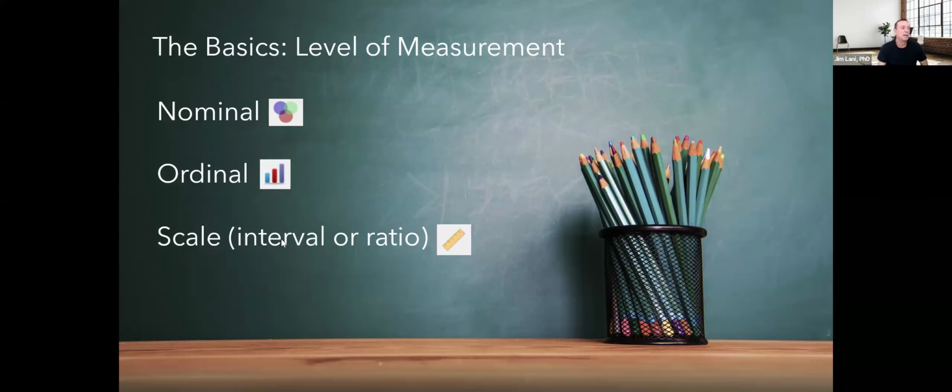Okay. The third level of measurement is the scale variable, and scale is also called interval or ratio, but basically, and the icon is the ruler. So it has names, great, okay. It has order, great, but it also has equal intervals.